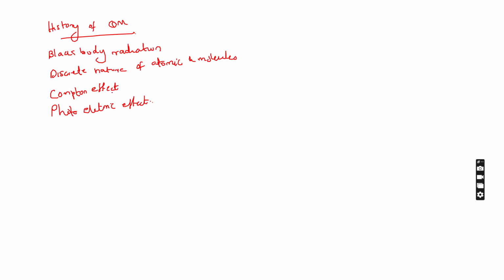So in black body radiation, what are the quantities? Energy, which we can tell in joules, energy per unit area: joules per meter square.